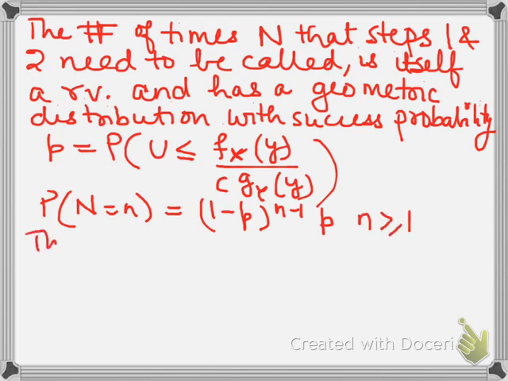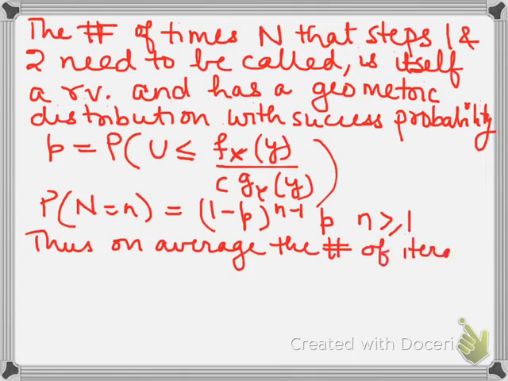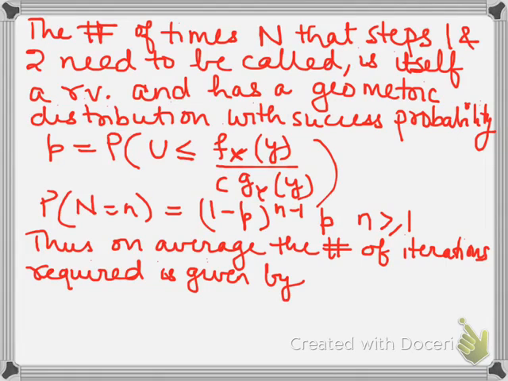Thus on an average, the number of iterations required is given by the expected value of this uppercase N, the geometric random variable, and we all know that the expected value of the geometric random variable N is 1 over p, where p is the success probability.